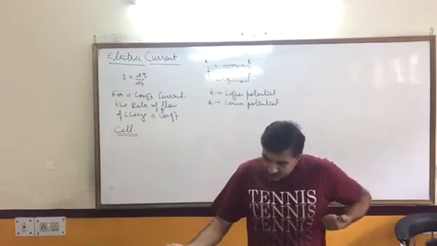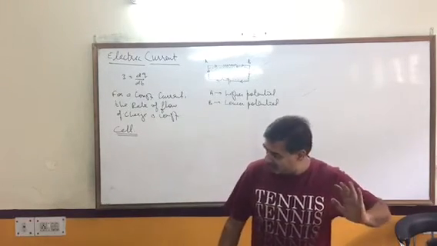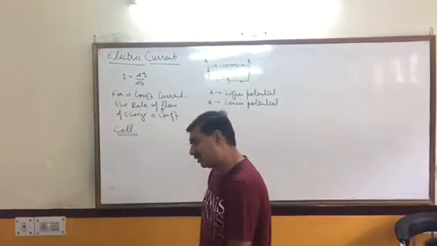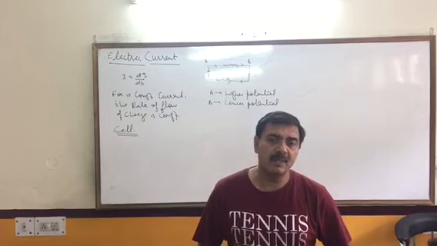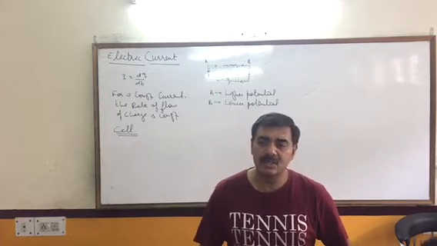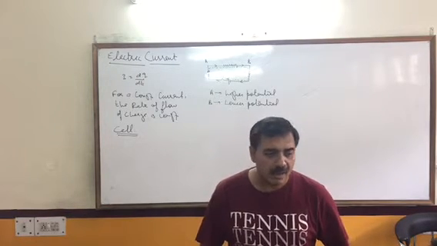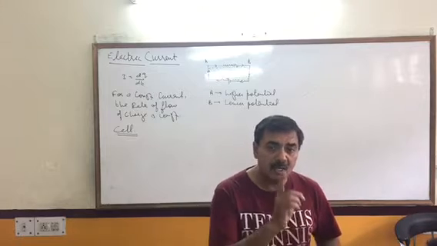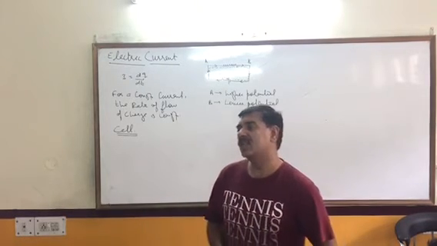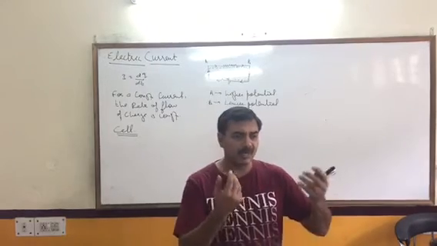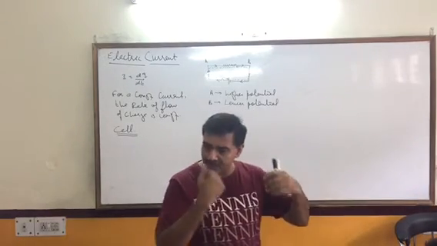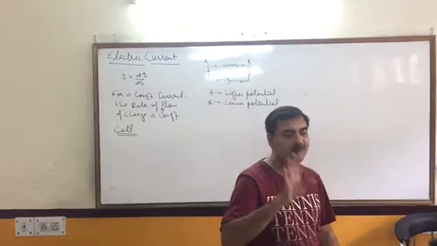Negative ions moving in this direction means something positive moving in this direction. So if we have positive and negative charged particles moving in opposite directions, that would constitute current in the same direction, because the direction of current by convention is the direction of flow of positive charge. If a certain positive charge really is flowing from A to B, the current will be from A to B.